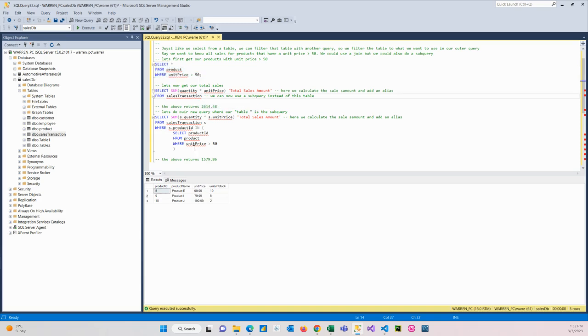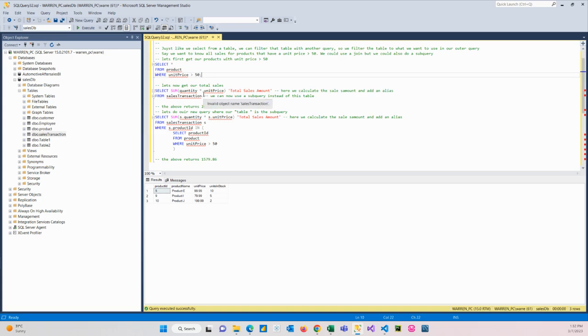Now if we had to ask, what is our total sales amount? This is for our entire sales transaction table. The business question is, what is our total sales for all products that have a unit price above 50? We could look at this in different ways, but I'm just going to use this example as a subquery.